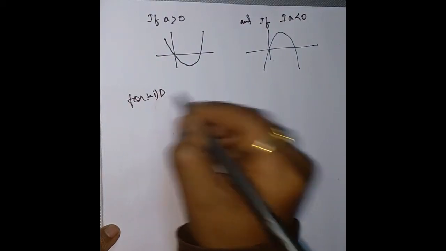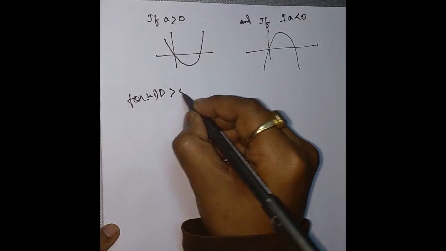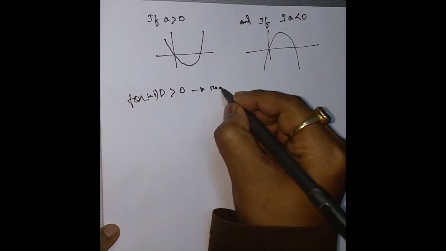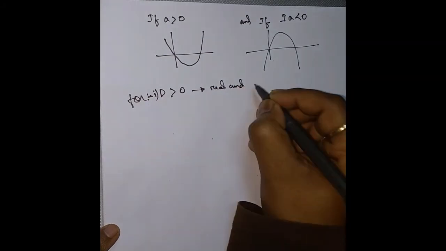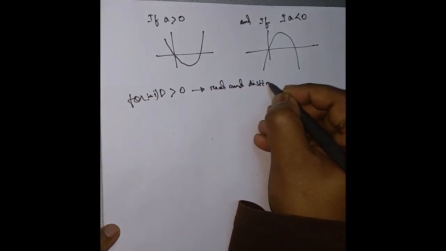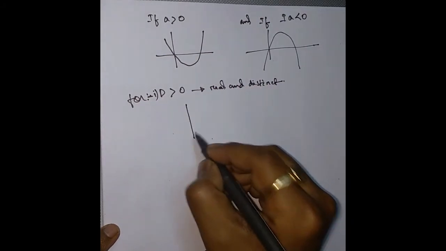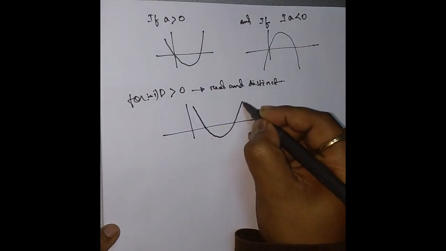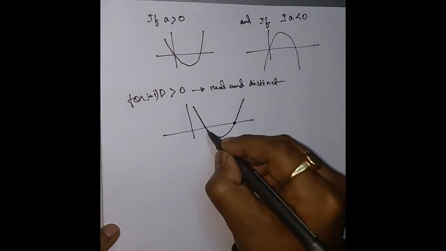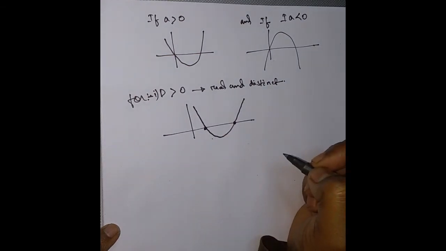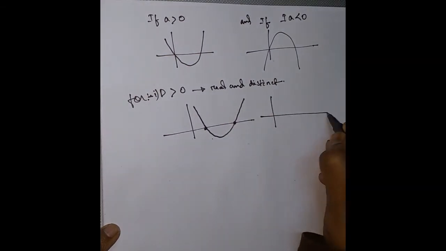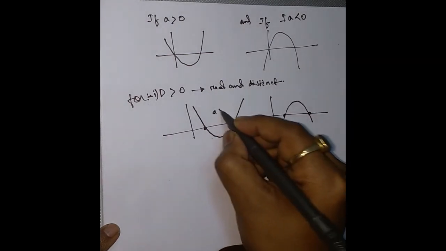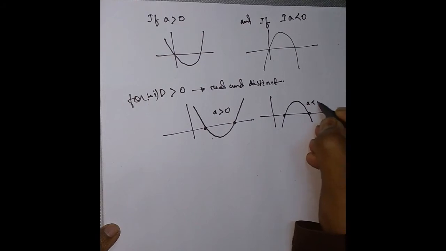Number 1, for D greater than 0, the roots are real and distinct. Real and distinct means it cuts the x-axis at exactly 2 points, and depending upon the value of a, it is like this for a greater than 0, and like this for a less than 0.